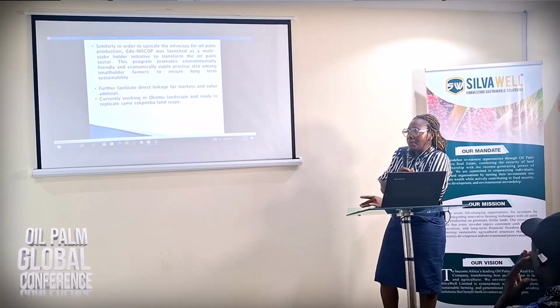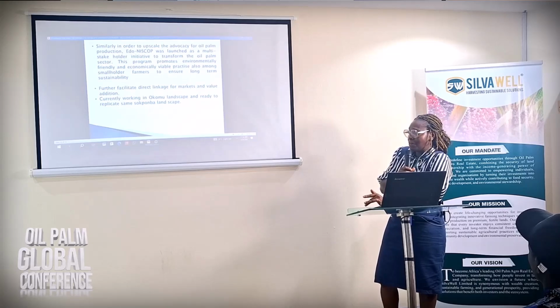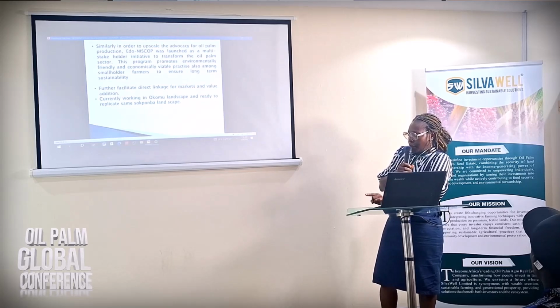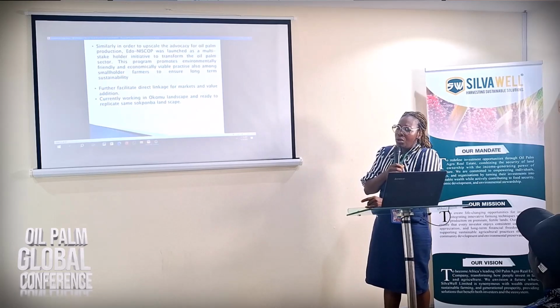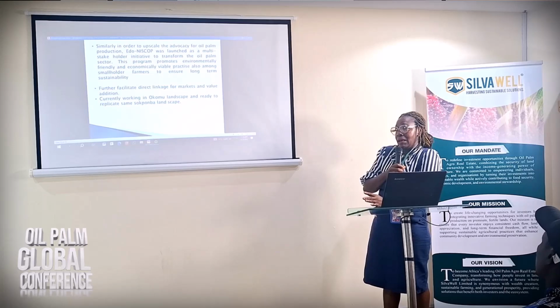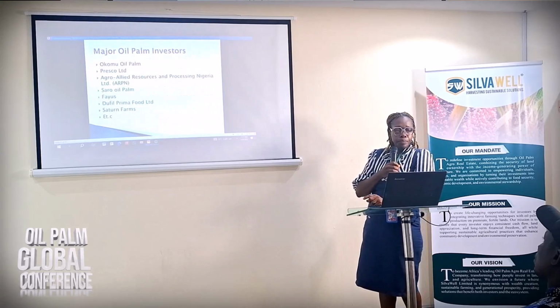At least within a 50 kilometer radius, the small farmers that are farming within the radius of Okomu plantation, Okomu is buying from them. So everything that you have done in Okomu landscape, they are working seriously to replicate in Sokomba landscape.